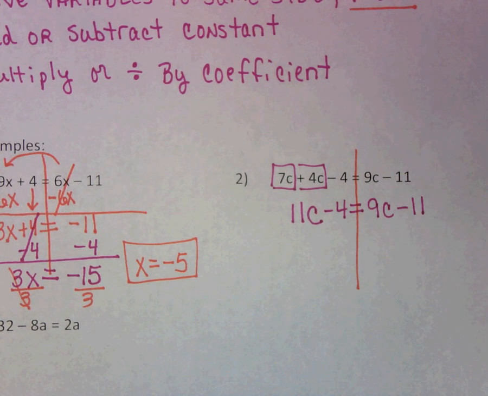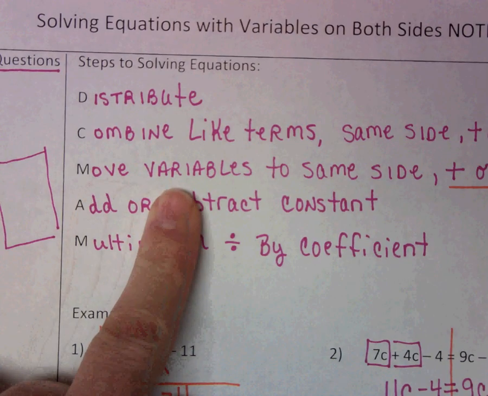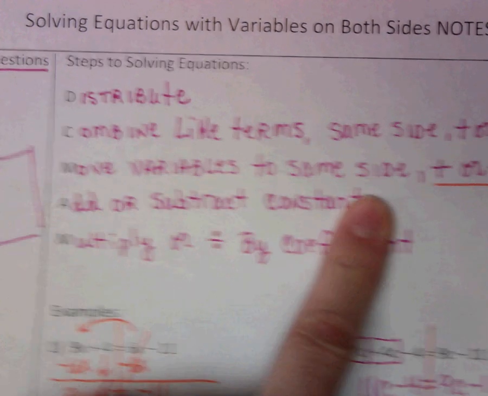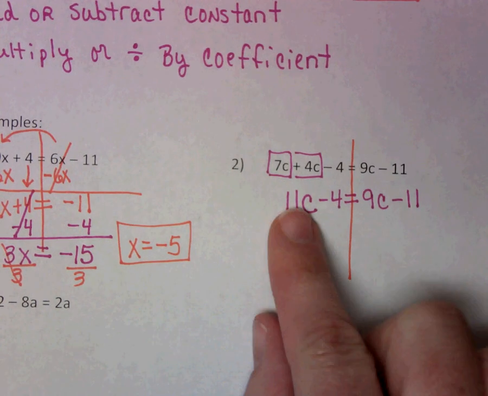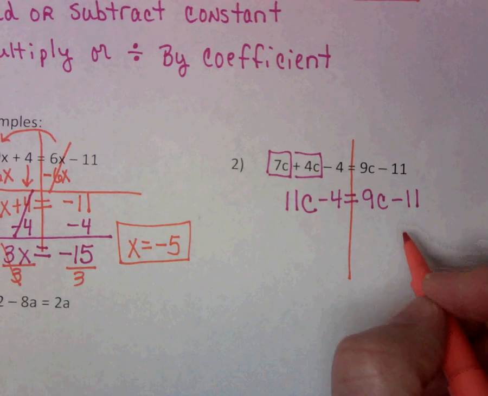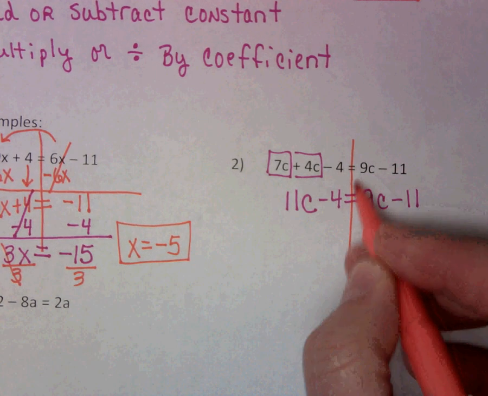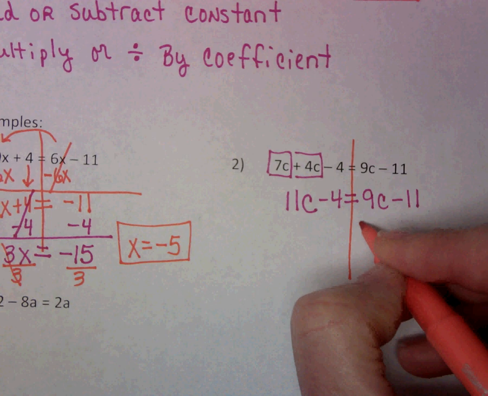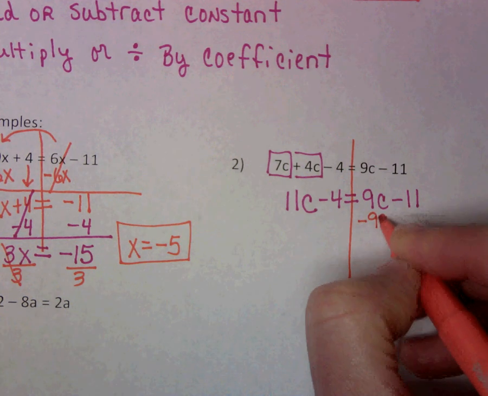Okay, now we're on to our M. Move our variables to the same side by adding or subtracting. So we've got 11c and we've got 9c. This is a positive 9c. So once again, I'm going to say minus 9c.